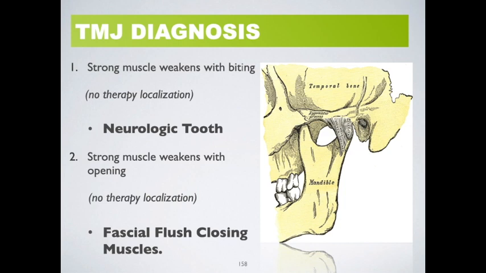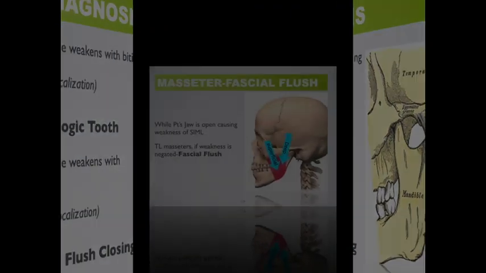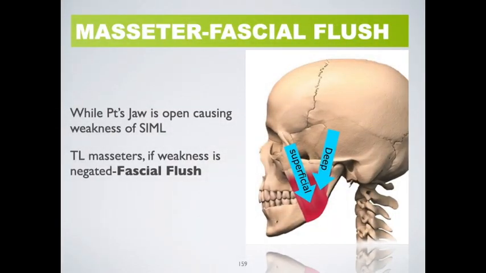Now, if we have a strong indicator muscle, the patient opens their jaw and there's a weakness, we know that it's a need for fascial flush of the closing muscles. We don't know which ones. That's when we go to the closing muscles.